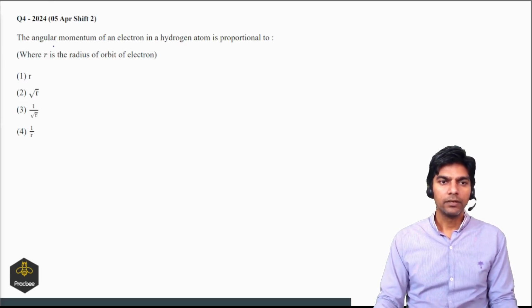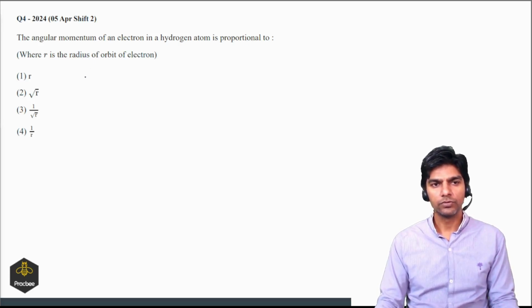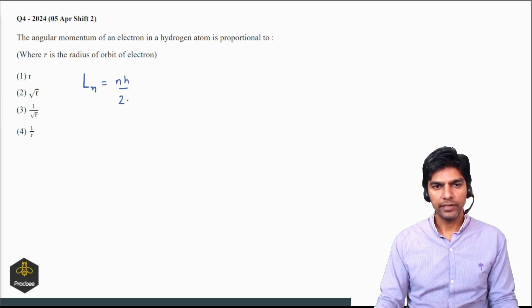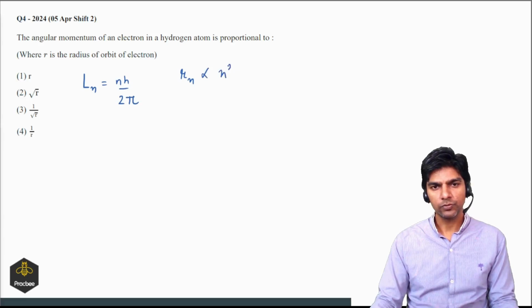Next question. The angular momentum of an electron in a hydrogen atom is proportional to? Again, angular momentum is nh upon 2 pi by the second postulate, so it is directly proportional to n, and we have to find the relation with the radius. We know that the radius of the nth orbit is proportional to n square by Z, and for hydrogen Z is 1.